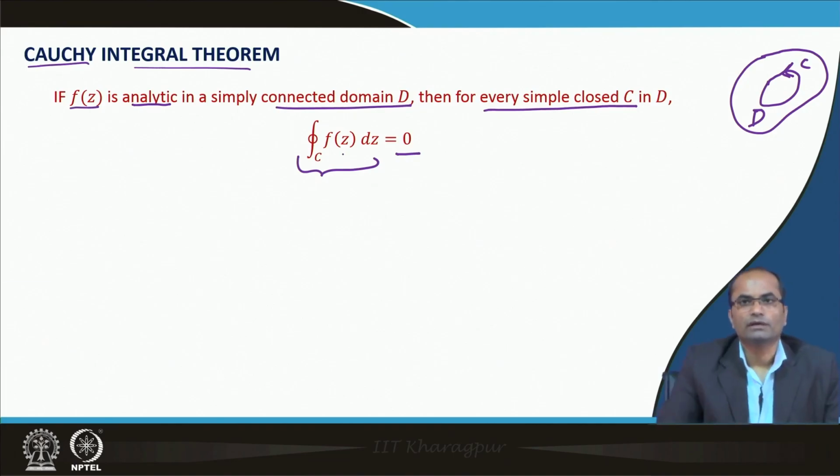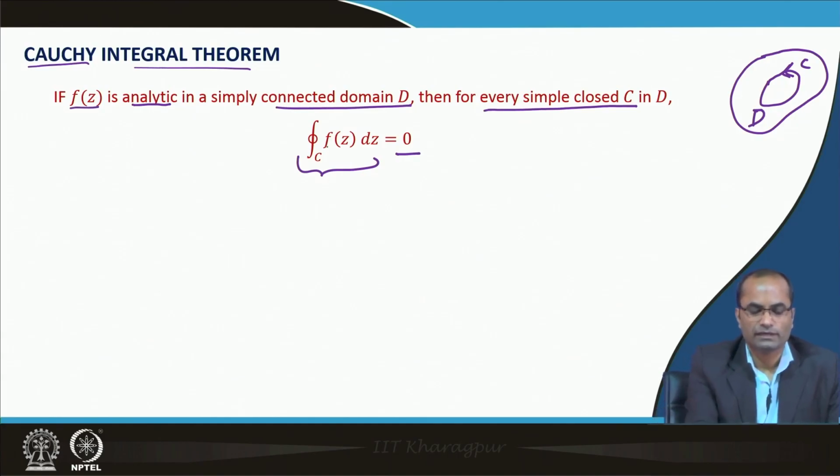And if we are talking about the closed curve, that means the initial point and the final point both are same, and in that case naturally this integral will become 0. What we will look at here is the detailed proof of how we are arriving at this result, so that we can get more insight into it.